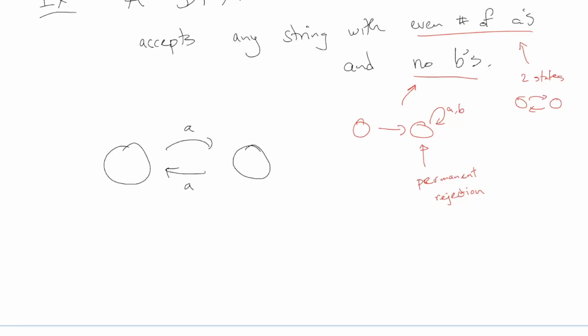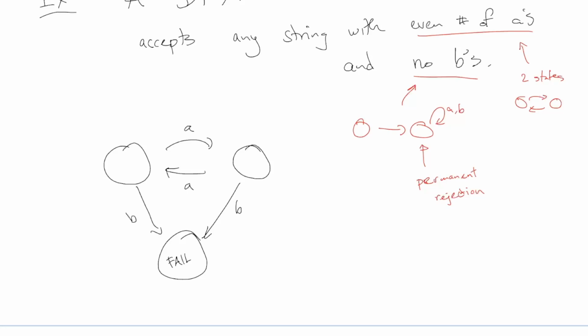But if you ever see a B, it should go to a permanent failure state. I'm going to put this one down here and call it fail, with B arrows going there. So if you ever see a B, it goes to the failure. If you never see B's, then you go back and forth between these A states.